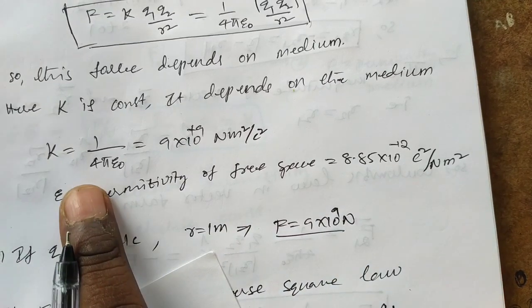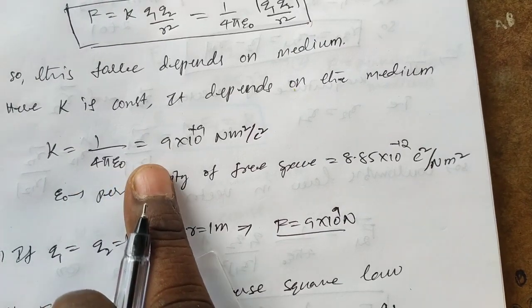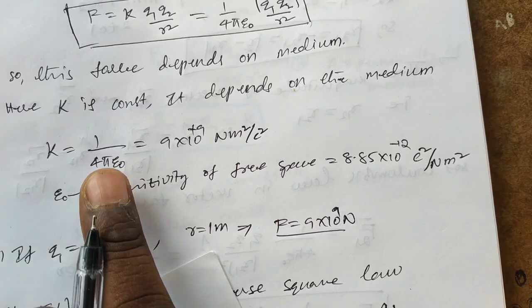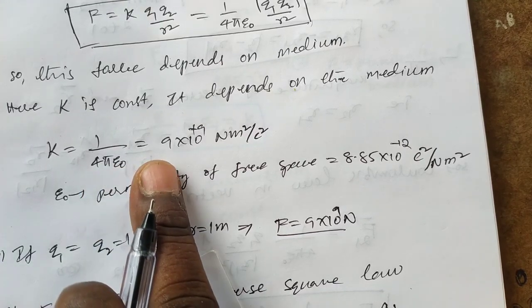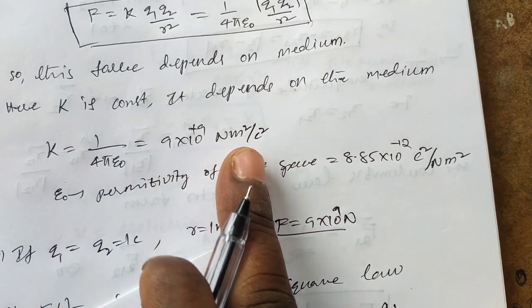K is 1 by 4 pi epsilon naught. Substituting the values of pi and epsilon naught, we get the K constant value equal to 9 into 10 to the power of 9 Newton meter square per Coulomb square.